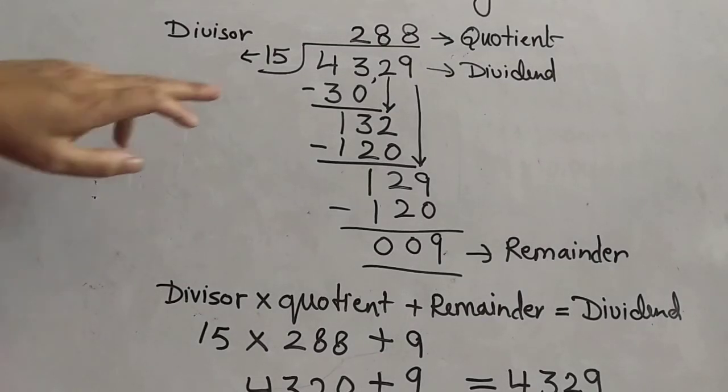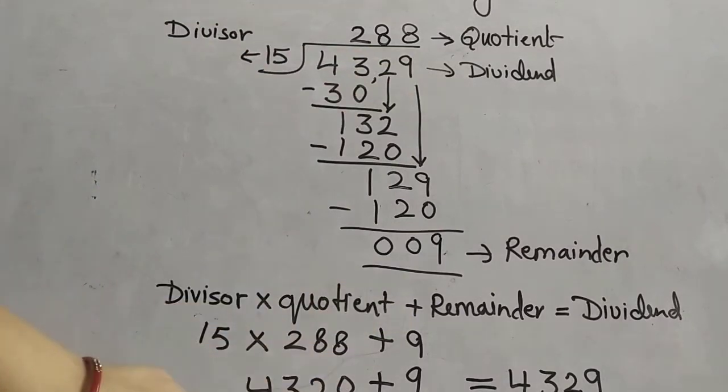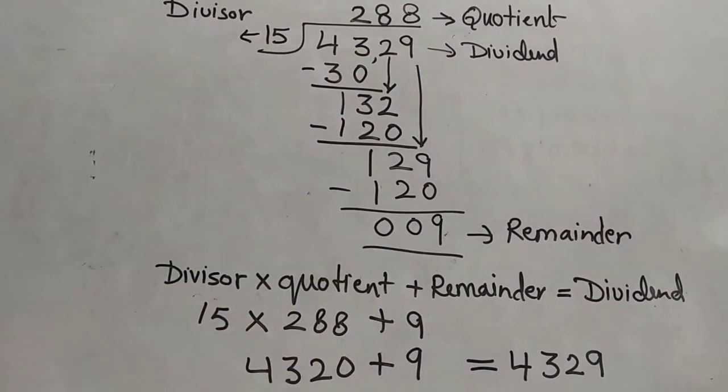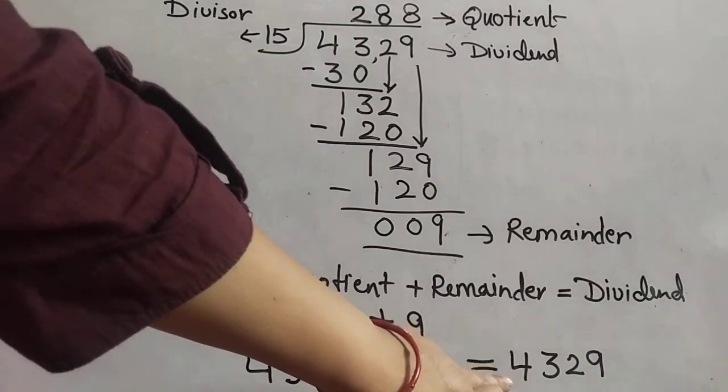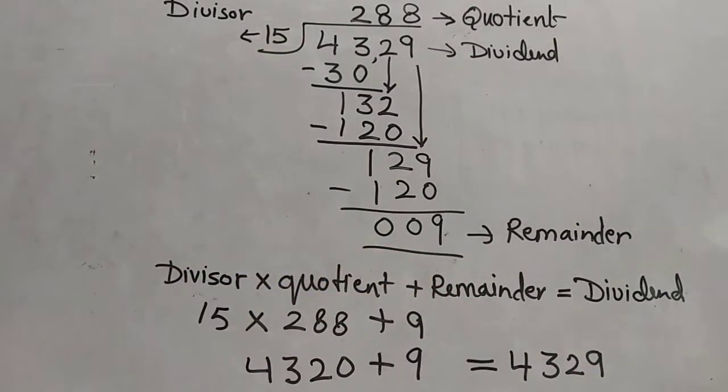The dividend of this question is 4329, and while solving according to this formula, we are also getting the same result 4329. It means our question is correct.